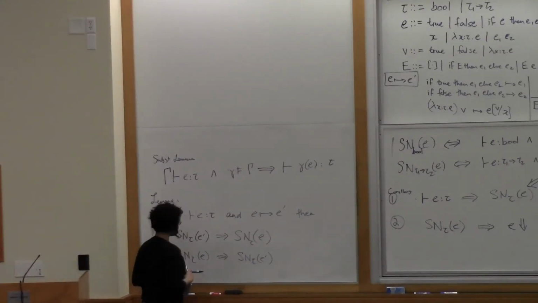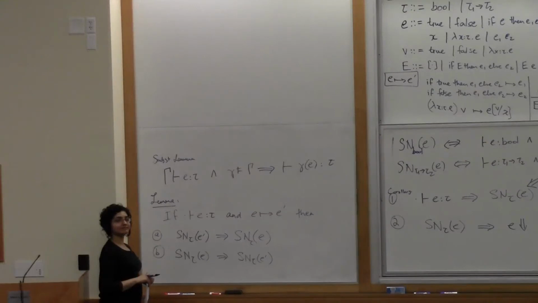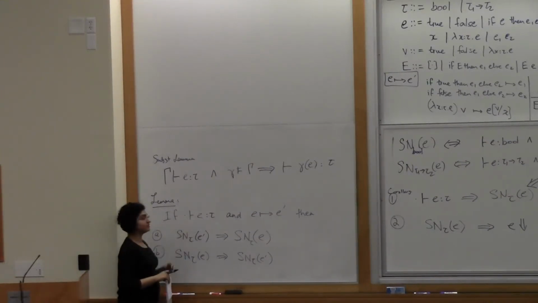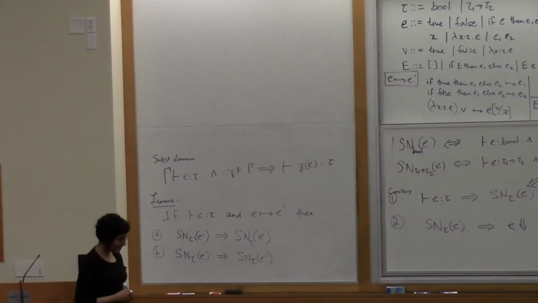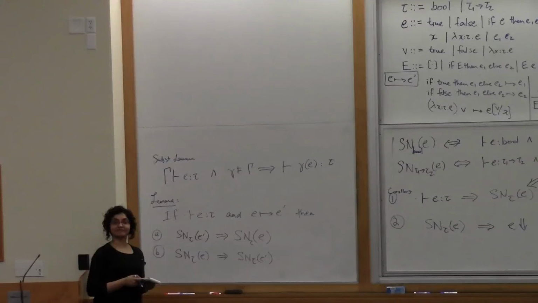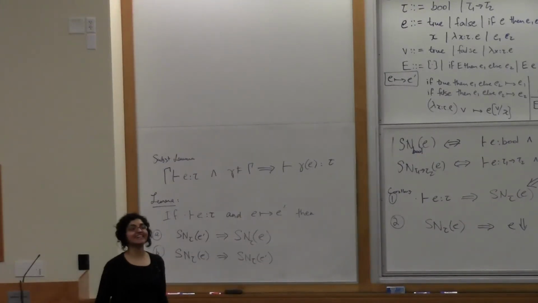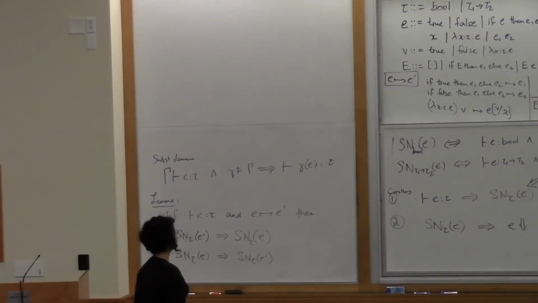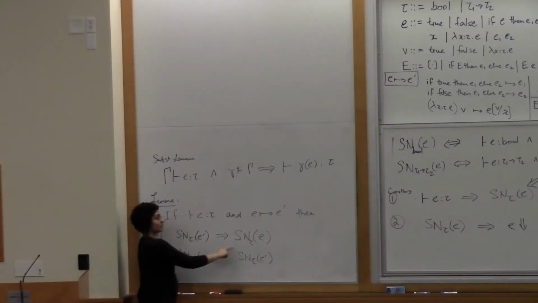So any guesses as to how we would prove this? We'd prove it by induction on, what would we prove it by induction on? This is going to be your homework for tonight. Sorry? The step relation? No. Basically, what you're trying to show is that if this holds, then this holds.